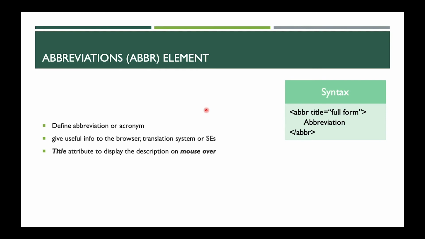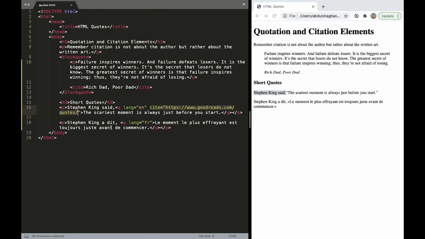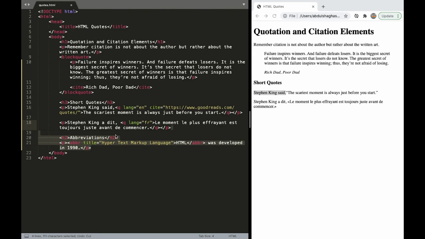With that being said, let's look at how it's implemented within a web page. Here in this example, we can see that I've got HTML, so that is an acronym or an abbreviation. Now I cannot expect everyone to understand what HTML stands for.